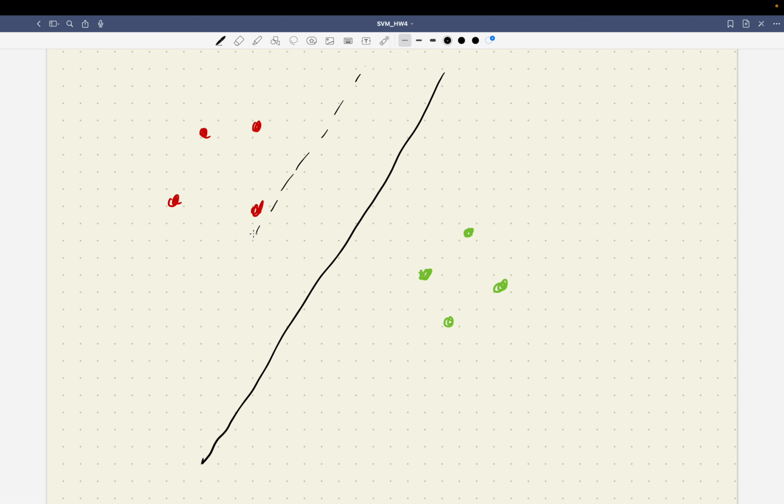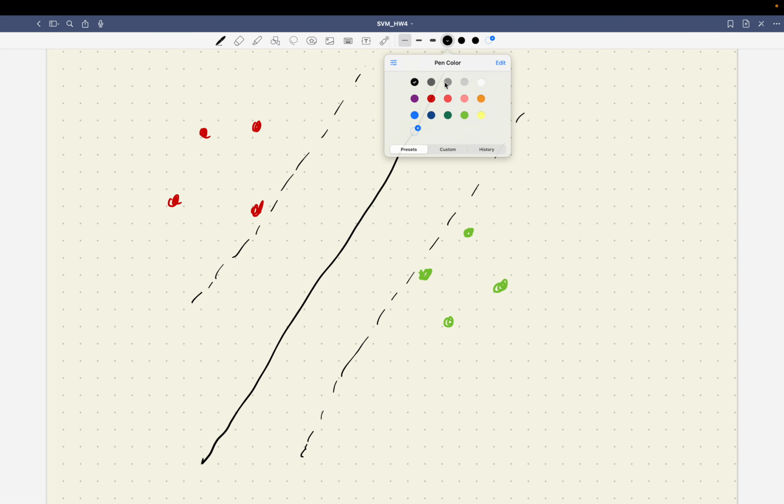And here's the margin, here's the margin over there.